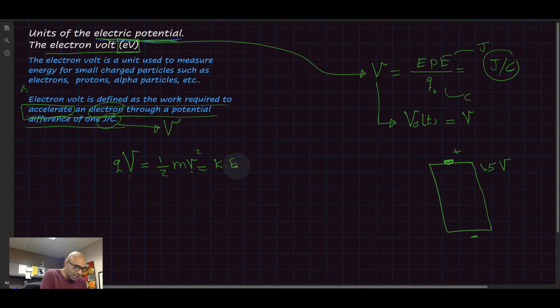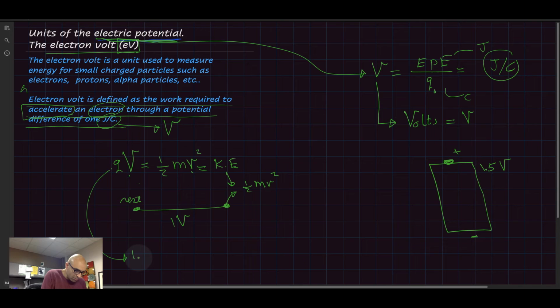So basically, that's what happens if you accelerate an electron from rest. Here the electron is at rest, and you accelerate it through a 1 volt difference, and it attains a kinetic energy equal to 1/2 mv squared. The charge is the electron, so I'm going to plug in the numbers here.